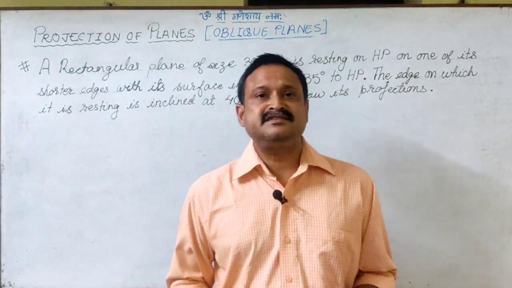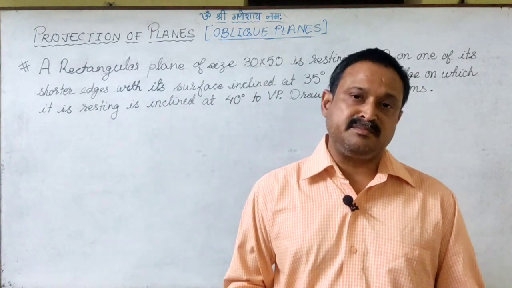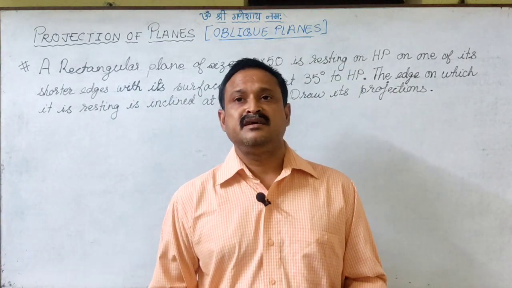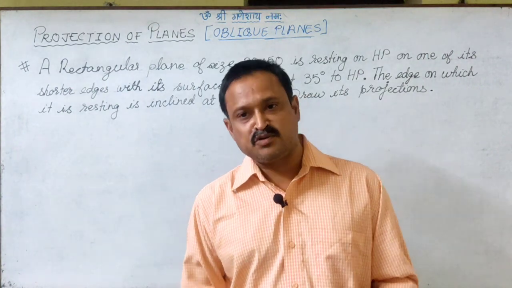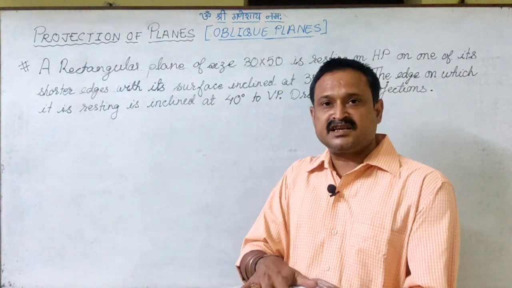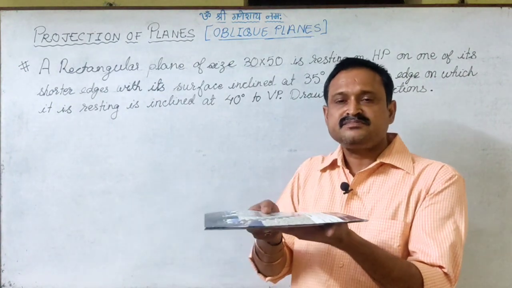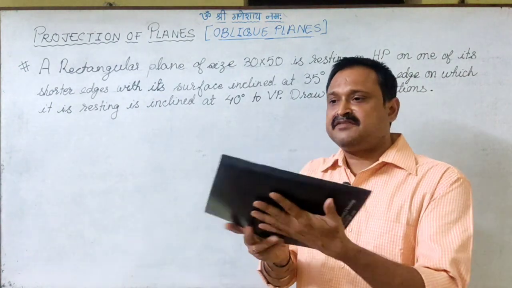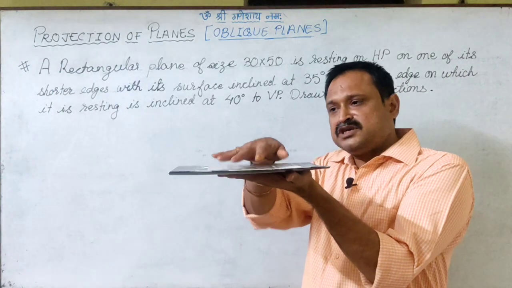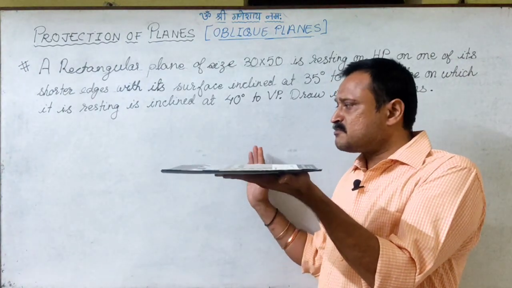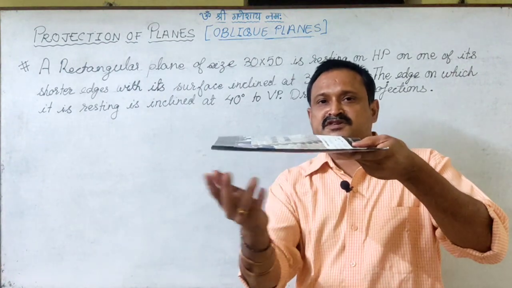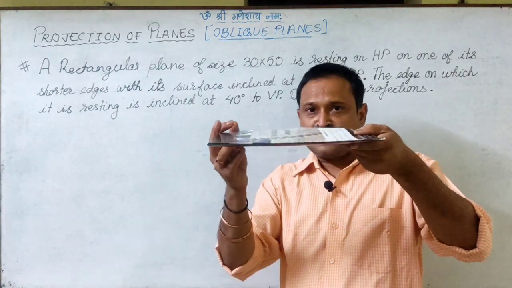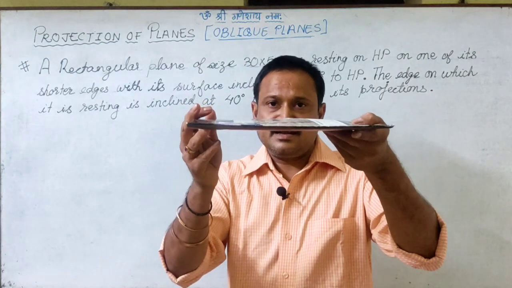Now, when is the image of a plane a line? When it is perpendicular to one plane. So, let us consider this plane. When I make it parallel to HP and perpendicular to VP, I am getting the front view of this plane as a trace or a line, right?